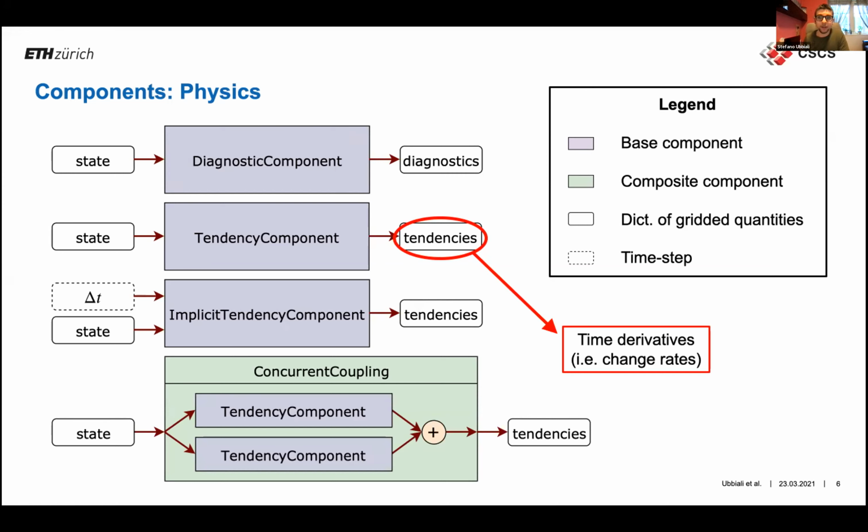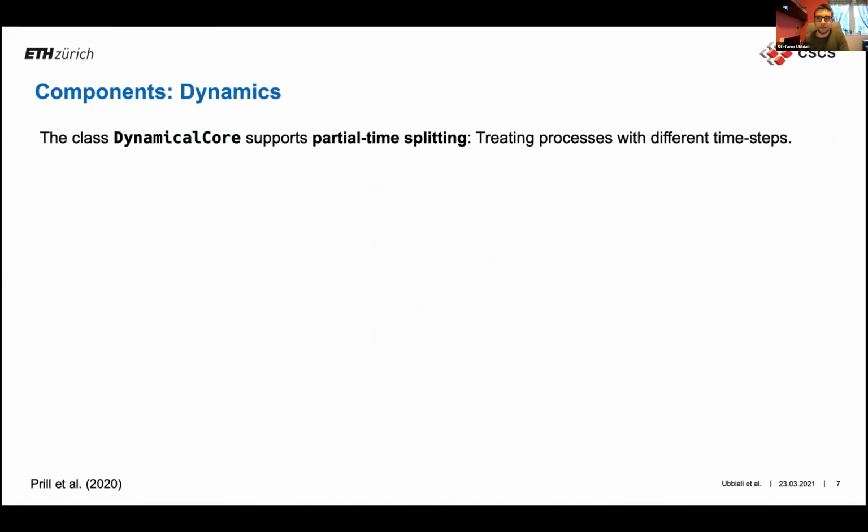And these components are mainly meant to implement some physical packages, while for the dynamics, we have a dedicated class, which is called Dynamical Core, which supports partial time splitting, which means treating processes with different time step sizes.